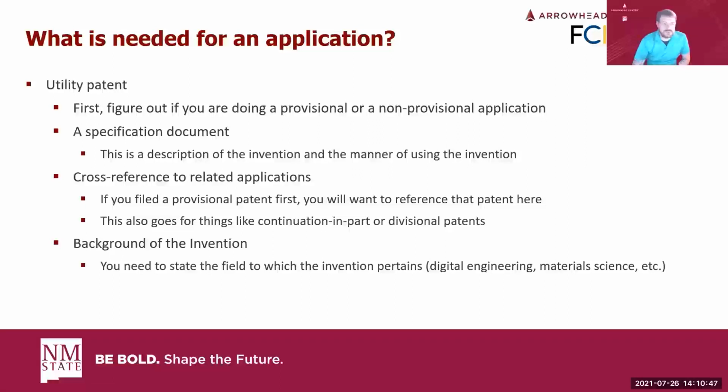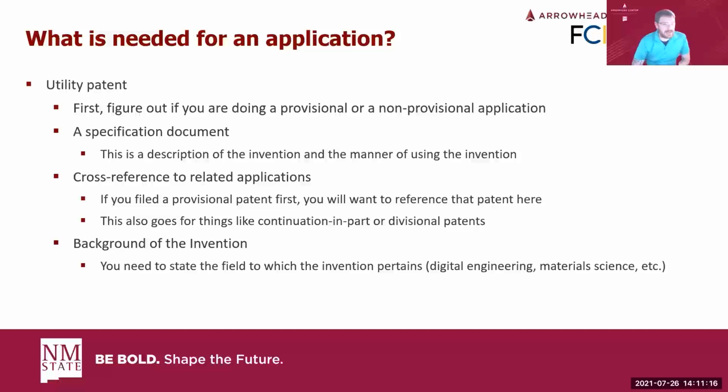First, a specification document, which is really just a description of the innovation and how people would actually use it, how it would function. This gets to the heart of how this is useful. Because remember, this has to be useful. It has to be something somebody else can use. If it's not useful, it's probably not patentable.